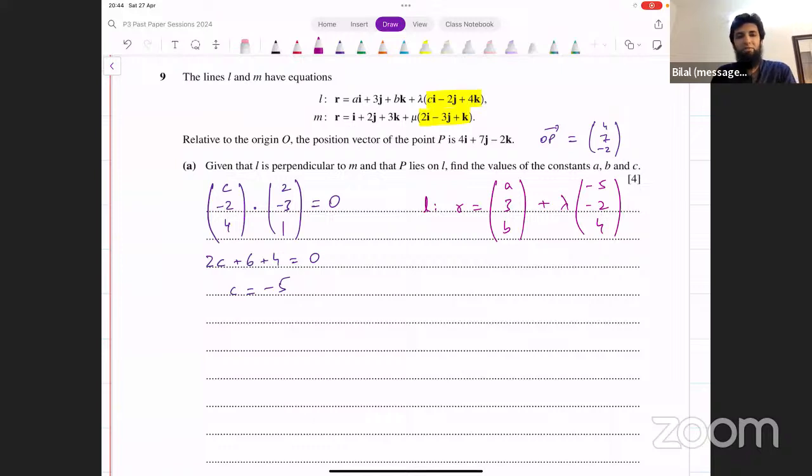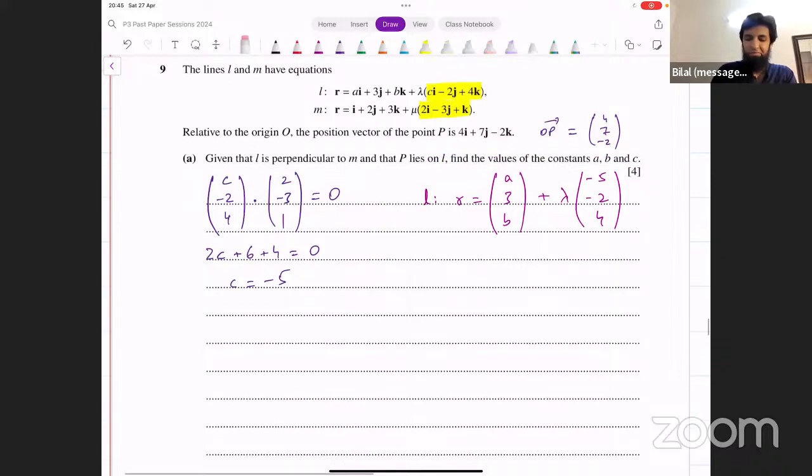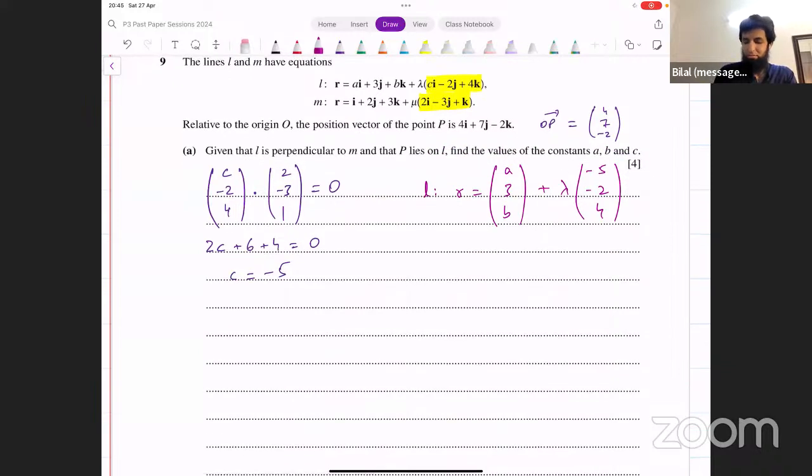This is the equation of the line L. Since the point P lies on L, if we were to input that point P in this equation, it should satisfy, right? If you were to input the position vector of P inside this line, this equation should be satisfied by that. Let's do that.